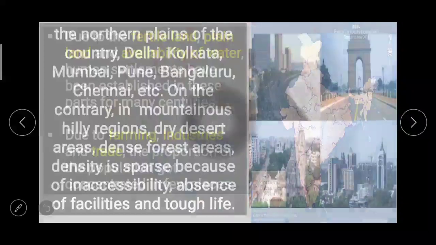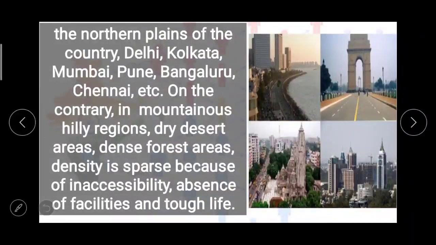Here you can see the northern plains of the country like Delhi, Kolkata, Mumbai, Pune, Bangalore, Chennai, etc. And on the contrary, in mountainous or hilly regions, dry desert areas, dense forest areas, density is sparse, वहाँ पर कम लोग होते हैं because of inaccessibility, absence of facilities and tough life.